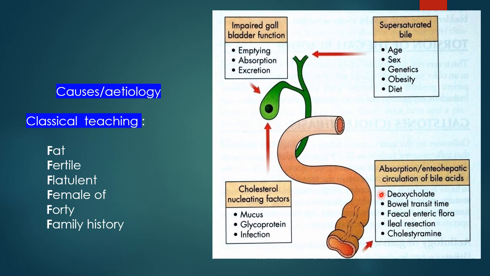These are the deoxycholates, bowel transit time, fecal enteroflora, ileal resection, and the drug cholecystokinin. These are the 4 groups of predisposing factors that predispose one to form gallstones.